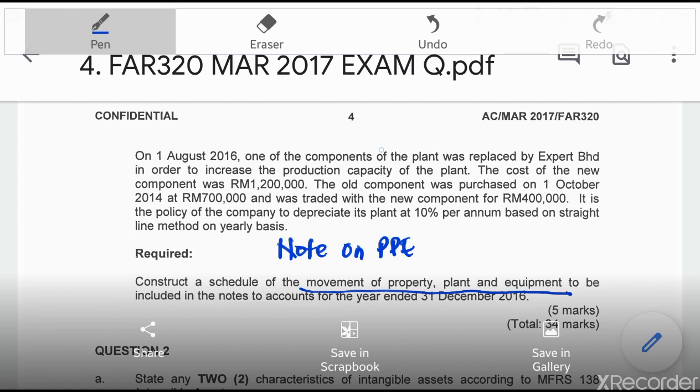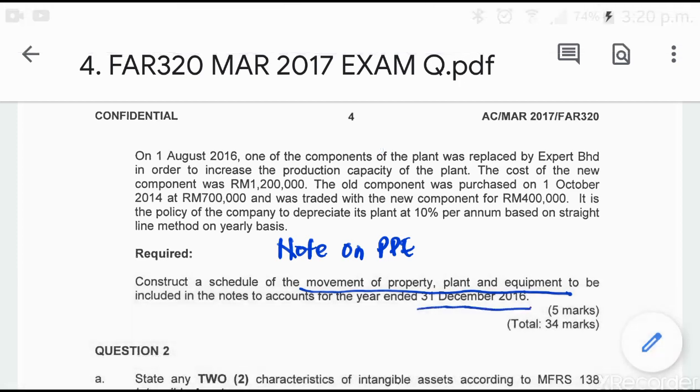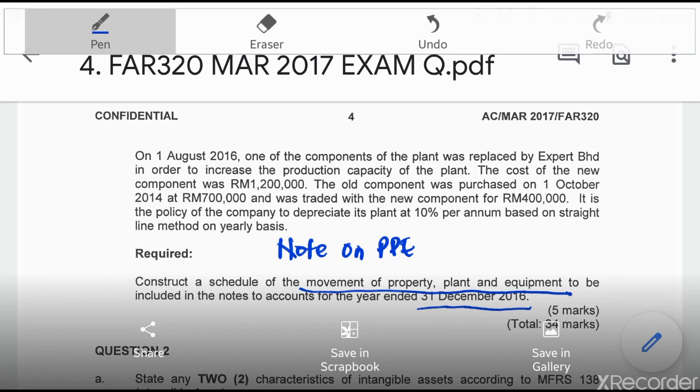Or alternatively, a question that asks you to prepare for a year, but that involves 3 or 4 types of PPE, only to prepare the movement for just one financial year. So here you are asked to prepare for 31st of December.